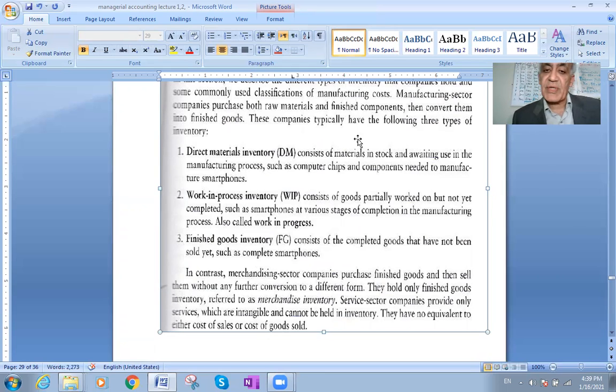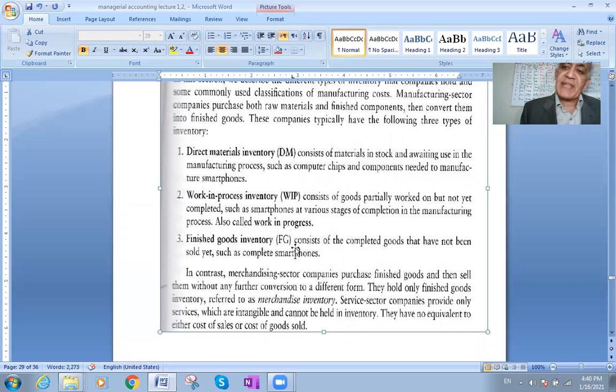So the first one is just raw materials, materials in stock. The second one, work in process, consists of goods partially worked on but not yet completed, such as smartphones at various stages of completion. So you're not finished with it, it's in process. So we have raw materials, this is the first one. Then we have in process, then we have finished goods, or FG, which is the third kind.